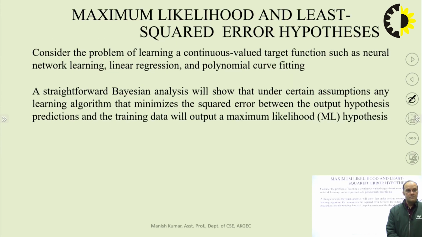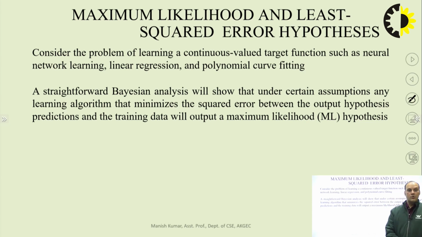Okay. So now let us come to the example. Now we will see an example of how, in finding the least squared line, we can apply the Bayes theorem to find out the most likely hypothesis. Okay. So suppose we have to learn a real valued function.